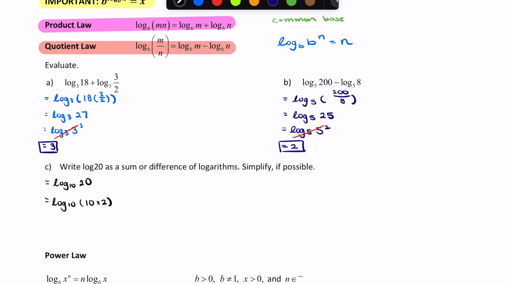Using the product law, we can rewrite it as log base 10 of 10 to the power of 1 plus log base 10 of 2. Here, log base 10 of 10 is equal to 1, and we add that to log 2.